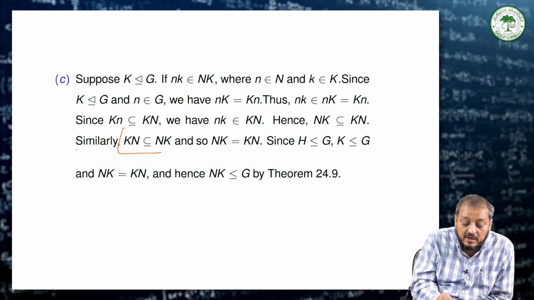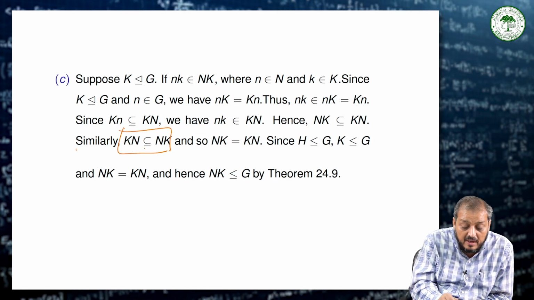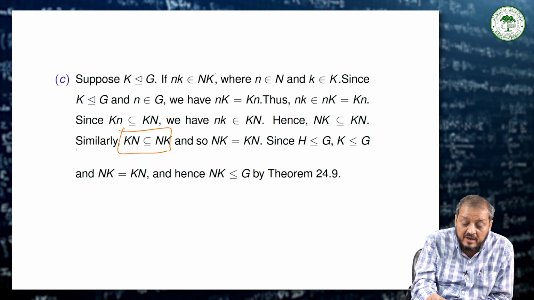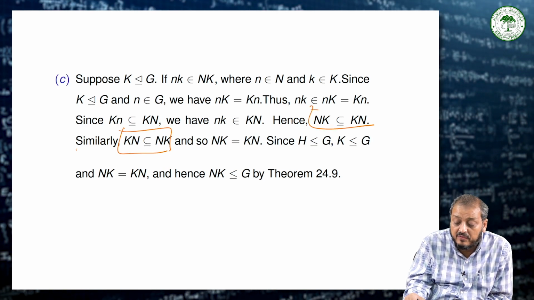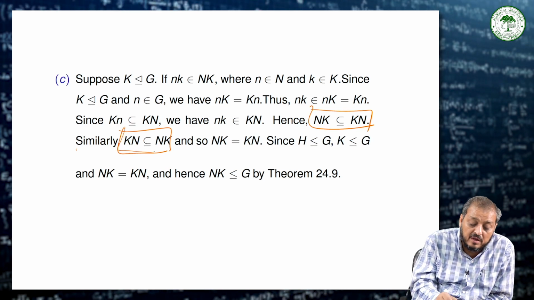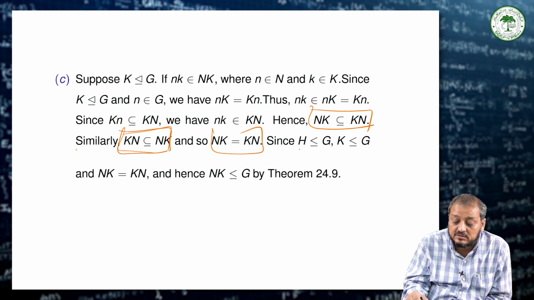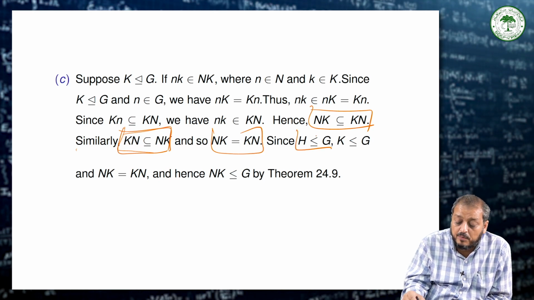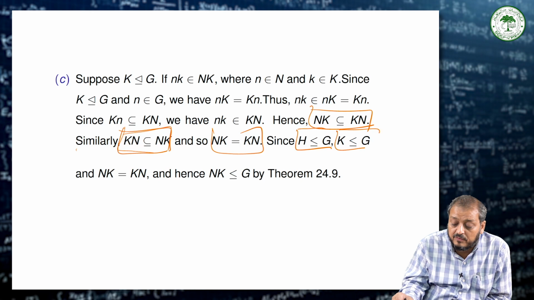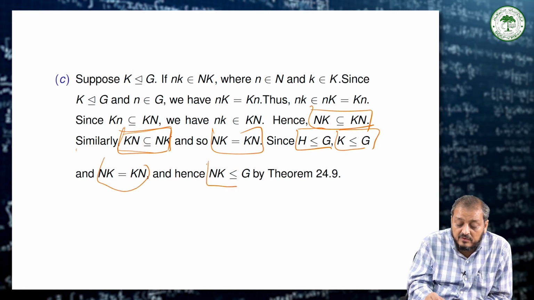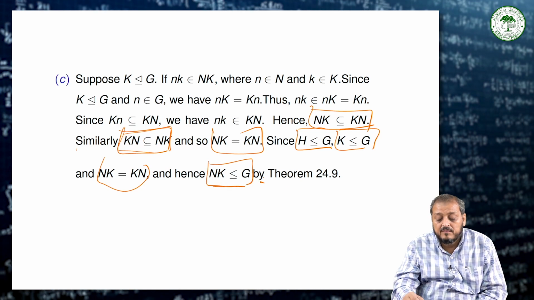Similarly, KN is contained in NK, and we show that KN is contained in NK. So NK is equal to KN, and since N is a subgroup of G and K is a subgroup of G, and NK is equal to KN, hence NK is a subgroup of G by that theorem.